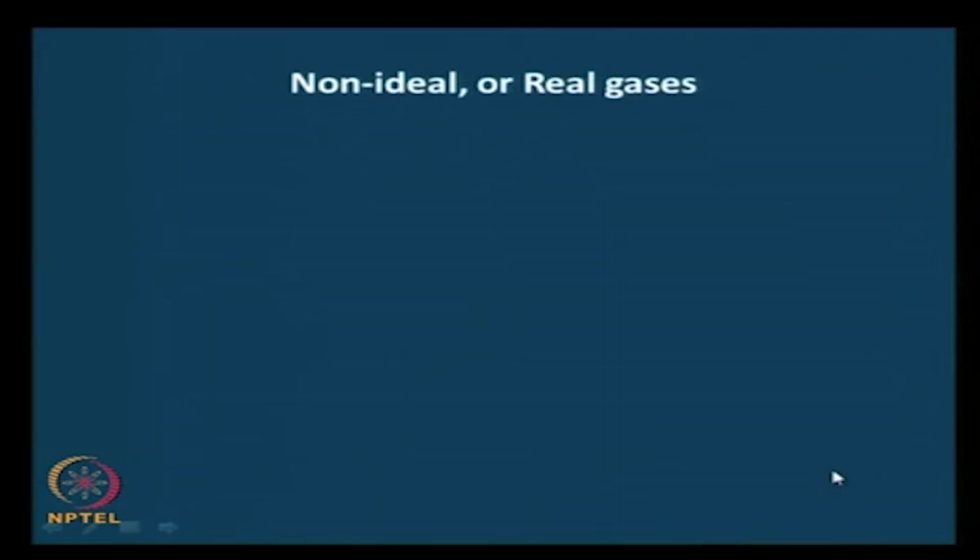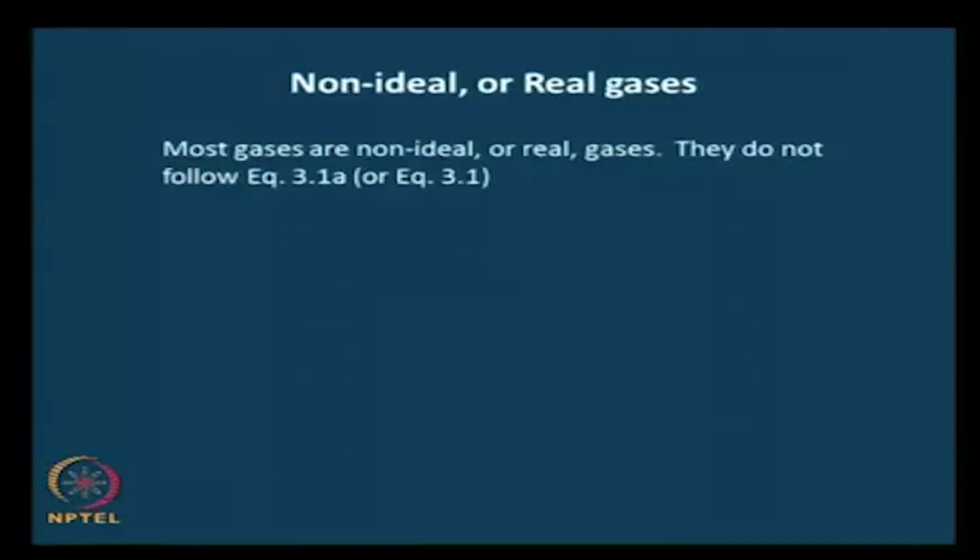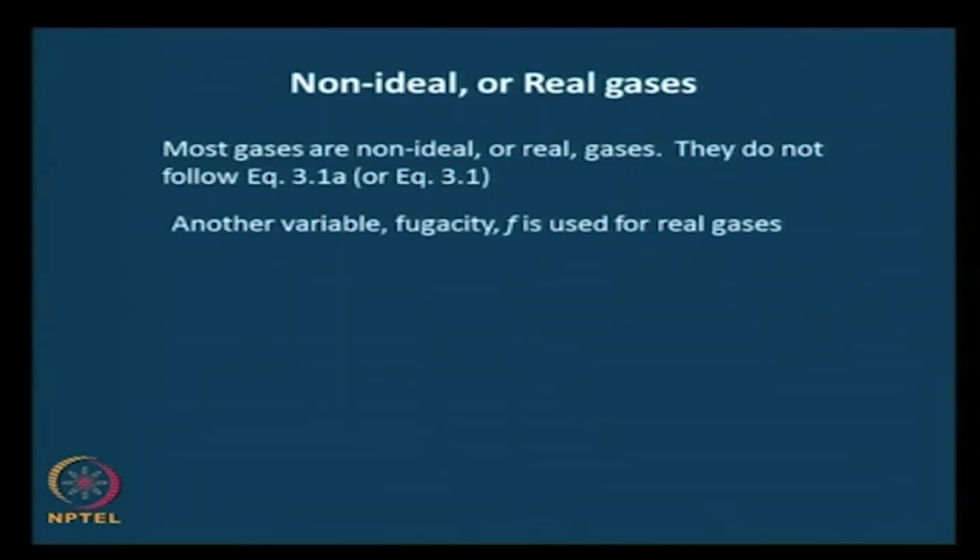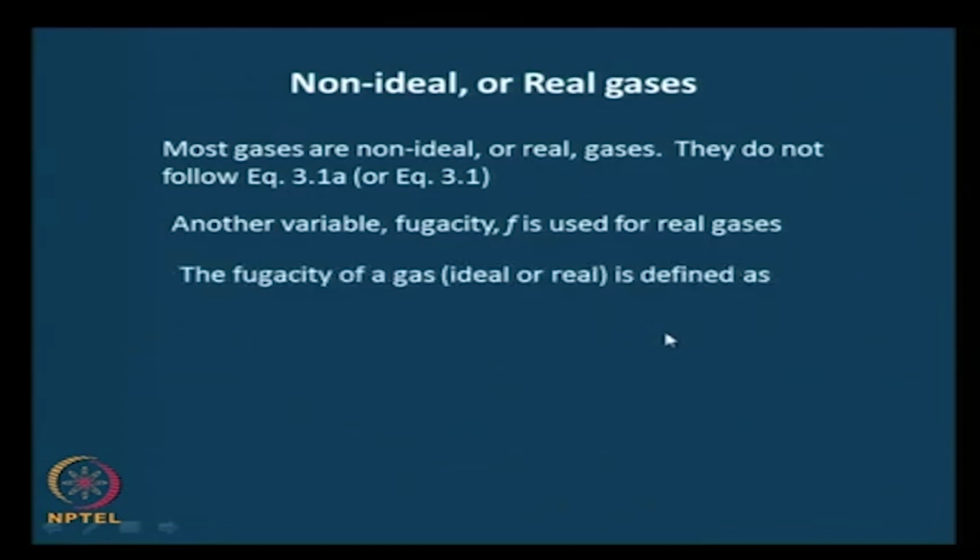Then we started looking at non-ideal or real gases, which of course most gases are, or in other words they do not follow the equation of state PV equals RT, and to describe them we brought in the variable fugacity, and in terms of the chemical potential that we have seen, fugacity can be given as mu equals mu naught plus RT ln F. This is for a real gas or all gases.